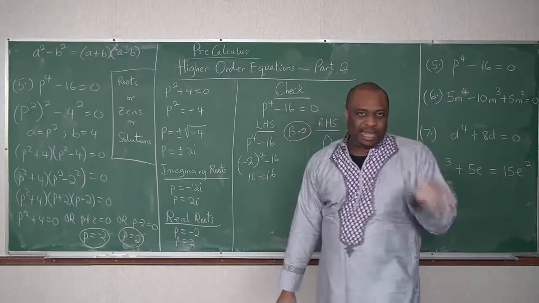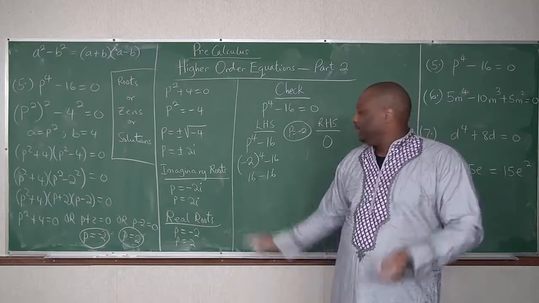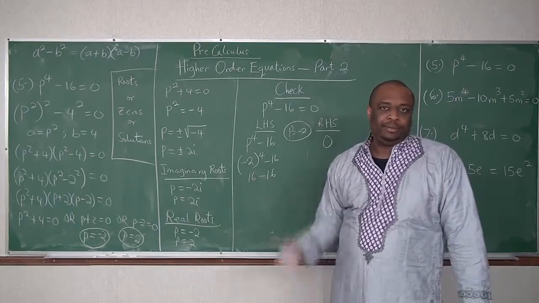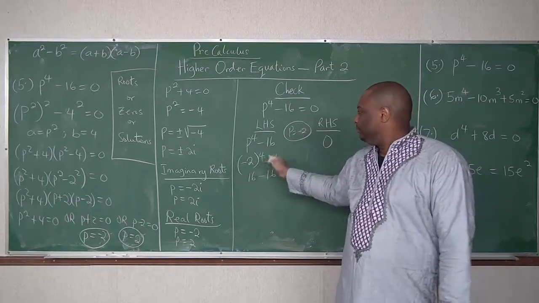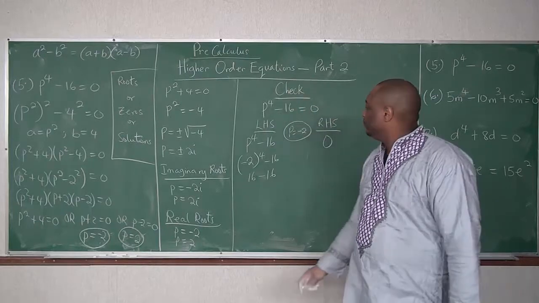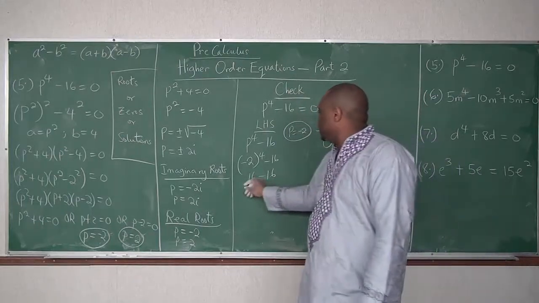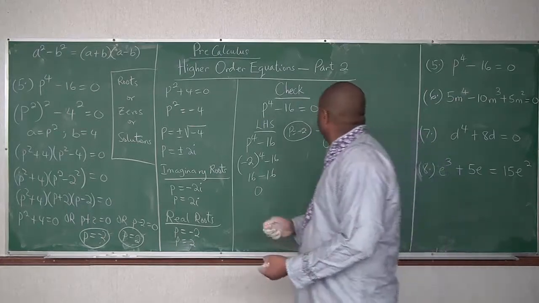If it is a negative base raised to an even exponent, it gives you a positive result. We did that in the videos on exponents and also in part 1 of this video. So 16 minus 16 is 0. This works.